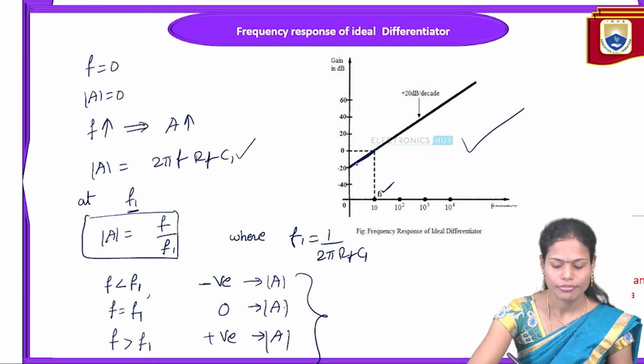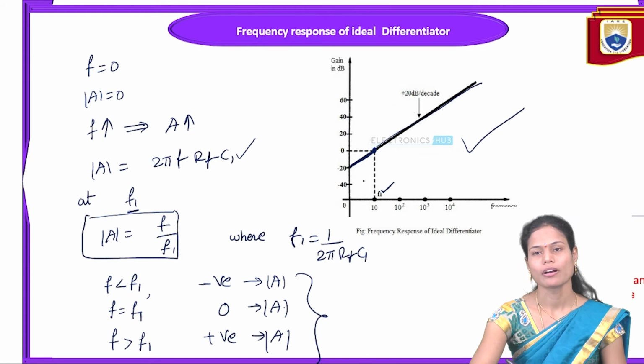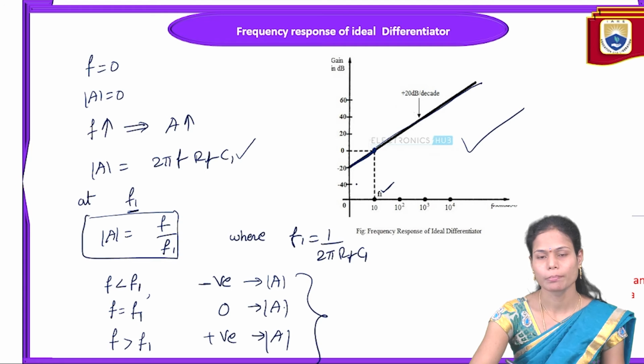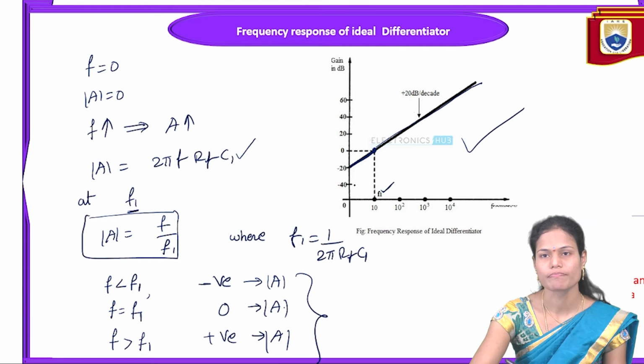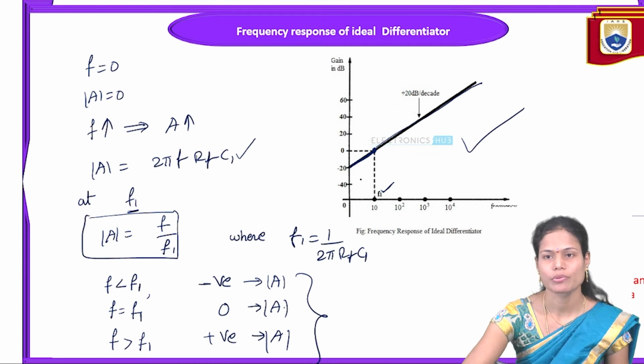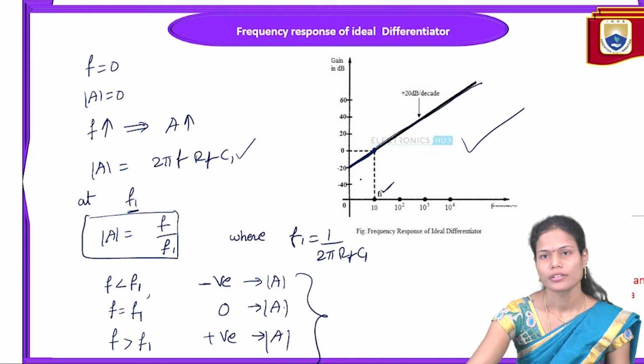And if F is at F1, we are getting the gain value as 0 here. And if your applied input signal frequency is greater than F1, the gain is increasing here, always at 20 dB per decade. So this is the frequency response of the ideal differentiator circuit.